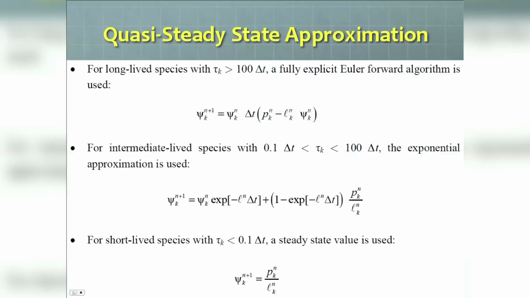So it's not perfect. In fact, what people will do very often, and that's done in many models, is use a kind of hybrid technique. What they say is the following. For long-lived species, like methane or N2O or the CFCs, I can use the full explicit method. That works.